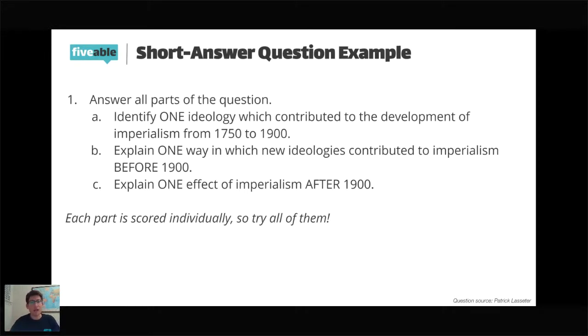Explain one way in which new ideologies contributed to imperialism before 1900. So here you have to connect an ideology. It might be what you talked about in A, or it might be a different one.